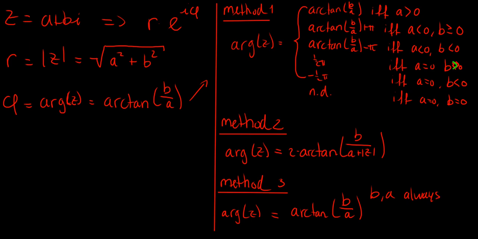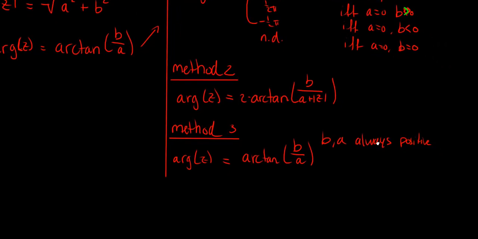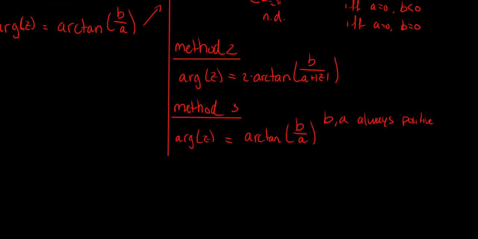Even if your number is like minus 1 minus i, just fill in 1 divided by 1. Always take them positive, and now you get an answer. And what I do, instead of trying to remember all those cases and maybe confusing plus and minus, I look at my complex plane.